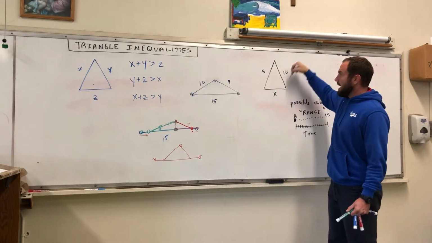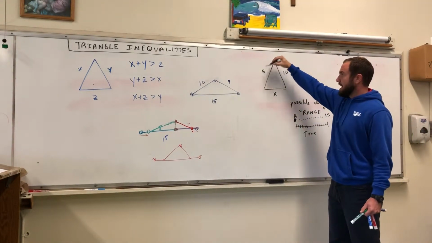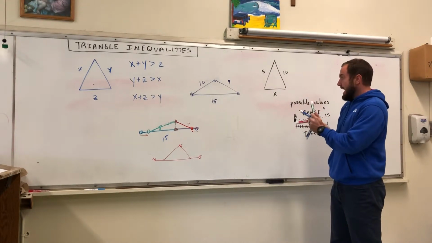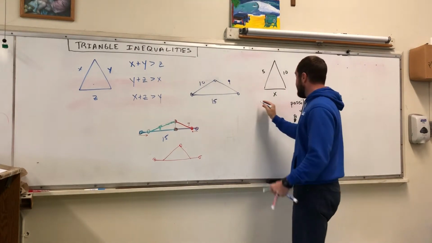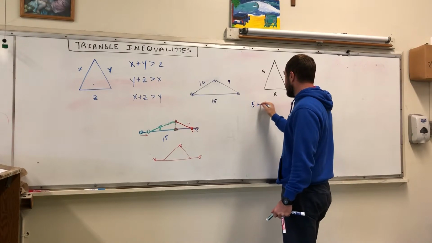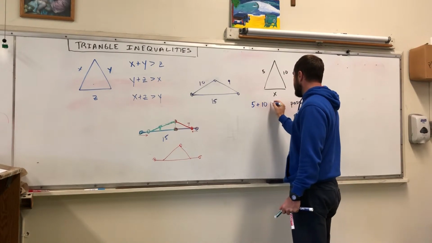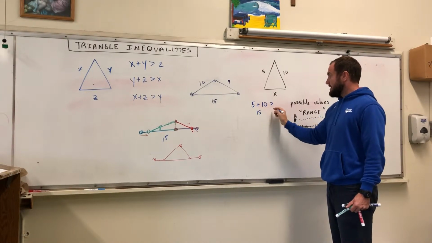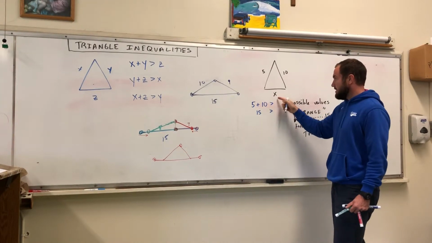Now, I know that any two sides added up need to be greater than a third. So if I add 5 plus 10, that's going to give me 15. And I know that side needs to be greater than the third.